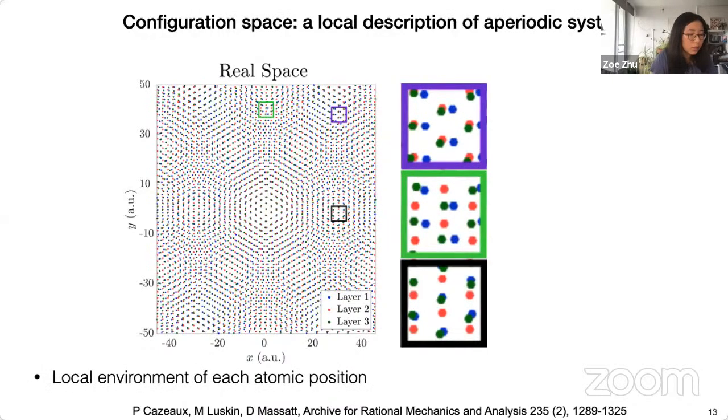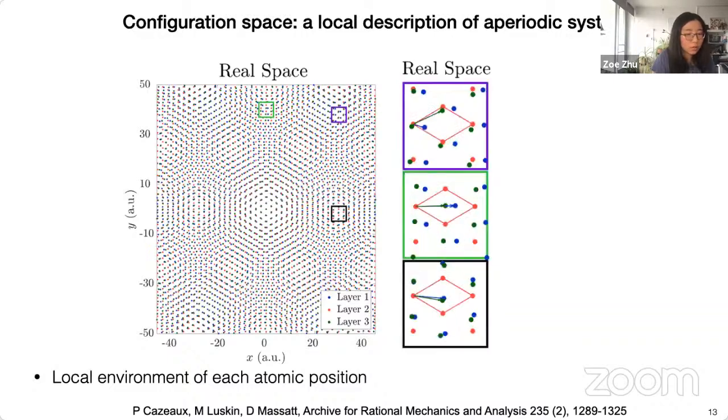Say we are interested in the position of a red atom in the picture. The way we deal with it is that we draw a unit cell around the red atom and look at this local environment, this local unit cell. We will immediately see that there is a blue atom and a green atom from the two other layers.